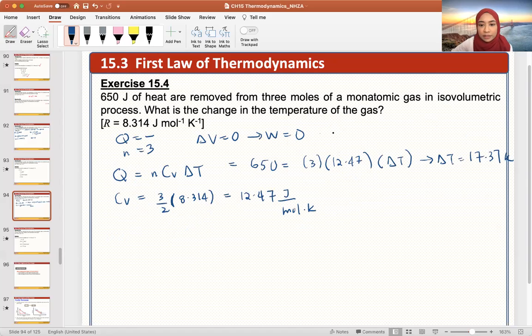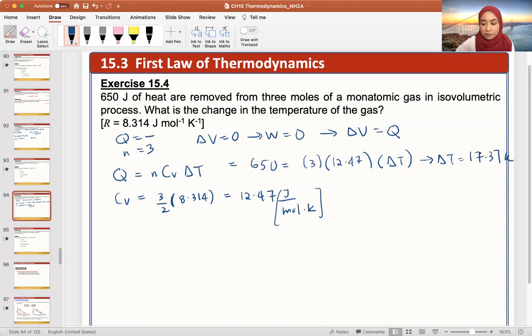Here we already know that delta U is equal to Q because W is 0. So Fatihah terus pakai Q equals to NCV delta T to find out the change in temperature, which is correct. She solved for CV first, 3/2 times 8.314, and got this. This is the units, joules per mole K. Then she substituted that into the equation and solved for delta T.